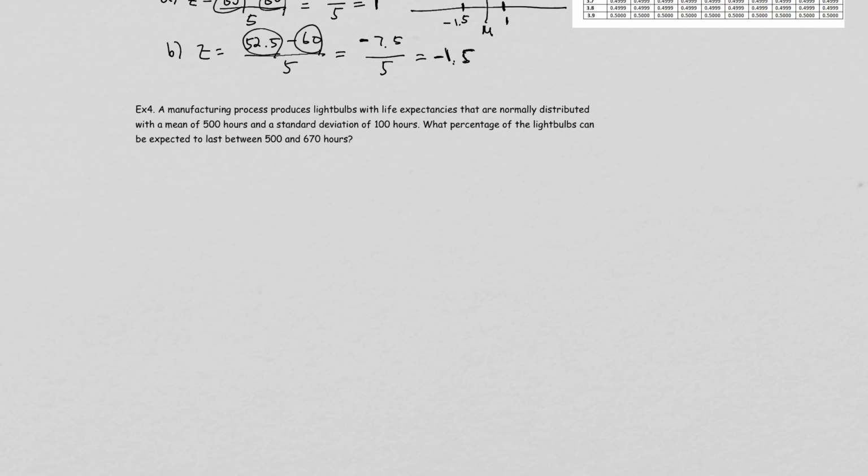Because it's normally distributed, I'm going to draw the normal distribution graph and see what they're talking about. Your mean is going to be 500, and the standard deviation is 100.